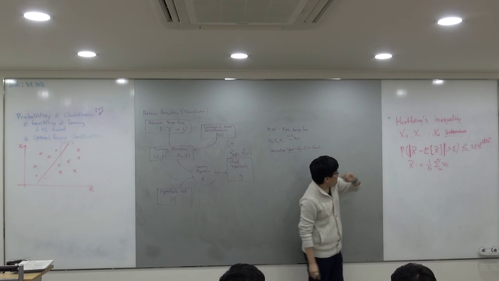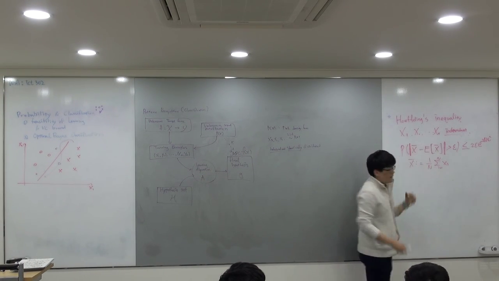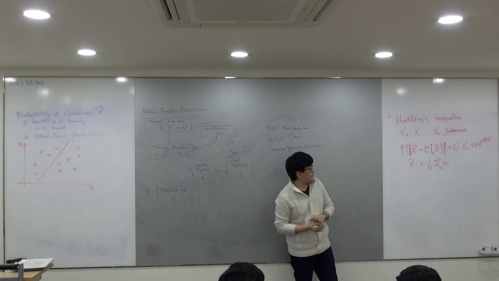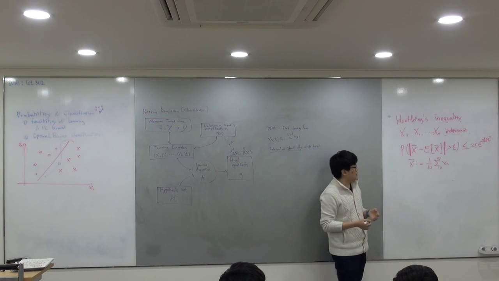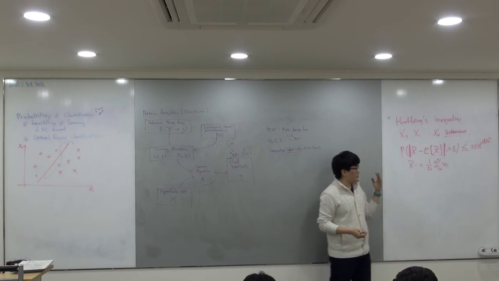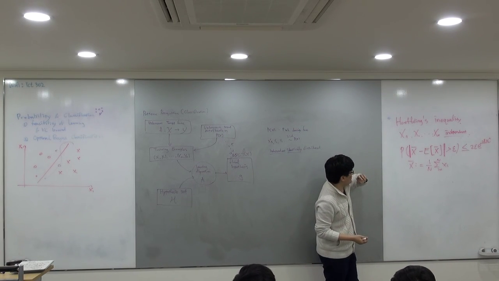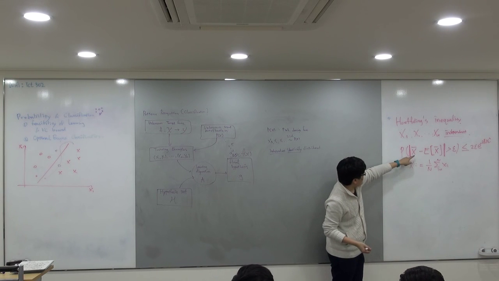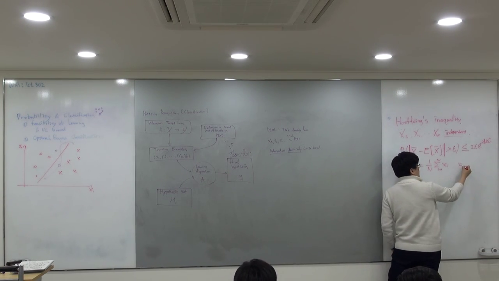Here you can think that you have n data points, a large n number of data points, generated from the distribution in an independent, actually identically distributed way, and you have x bar, which is just a sample mean.